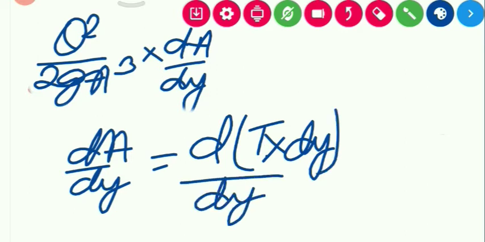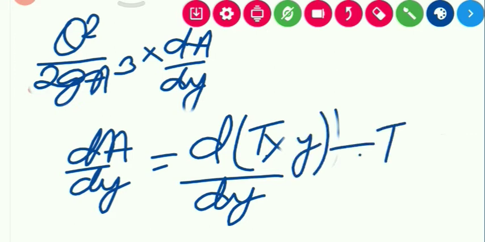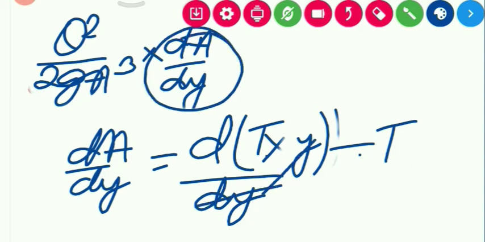This top surface is a constant, so it comes out, and this dy gets cancelled, so dA by dy is nothing but the top surface.